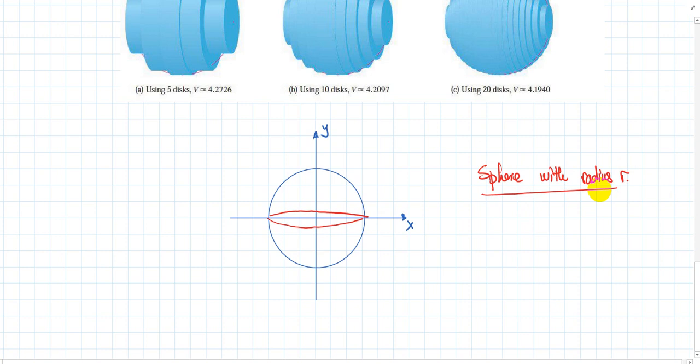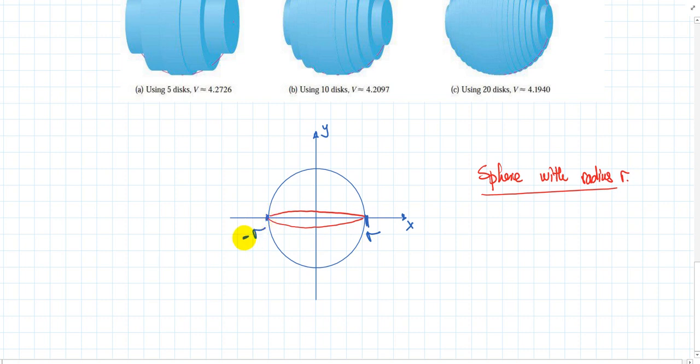If the radius is R, and I put the center of the sphere at the origin of the coordinate system, what will be this point here? This is R on the x-axis. This is also, minus R, sorry.